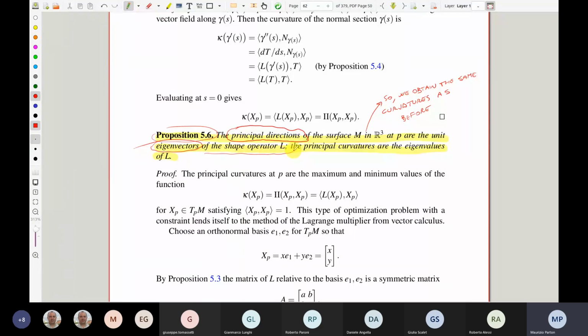But actually, if you think about it, the shape operator is the one giving you the generalization to no more a surface in R3, but a hypersurface in Rn+1. Because in that case, you can say I have a maximum and a minimum value when I take sections. Yes, you can still take sections. We have curves.